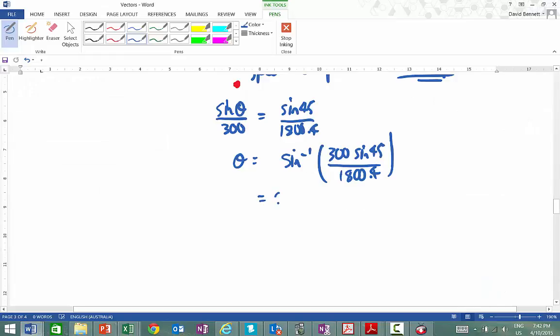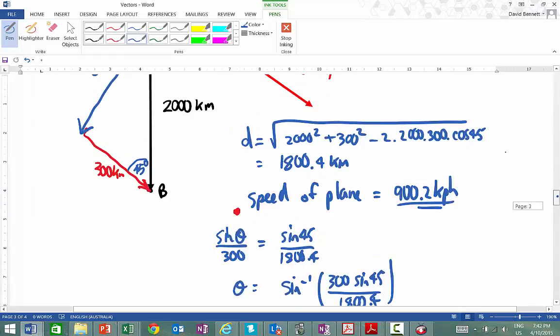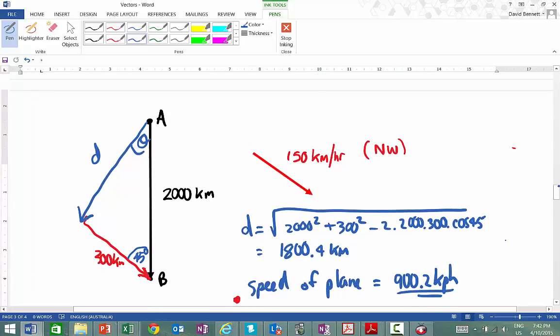So theta is equal to 6.8 degrees. Therefore, if we're thinking about what our bearing's going to be, it's 180 going straight down.